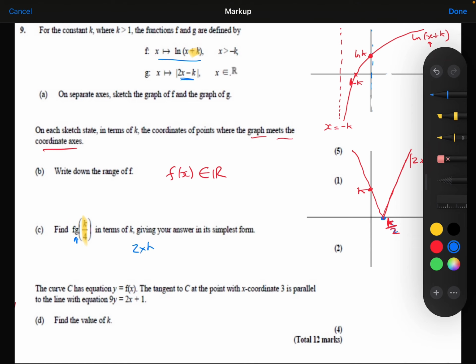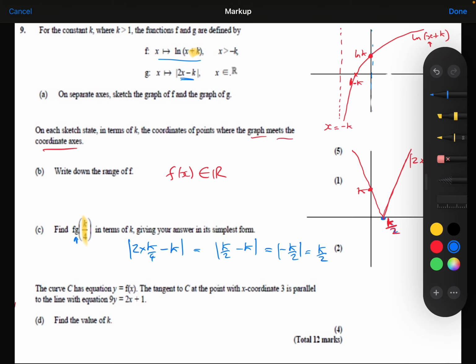So the modulus of 2 times k over 4 minus k. 2 times k over 4 is k over 2, minus k. So I've got half k minus k, which is minus a half k. Then when we do the modulus of that, we'll get positive k over 2. So that's the answer I get when I substitute k over 4 into the g function.